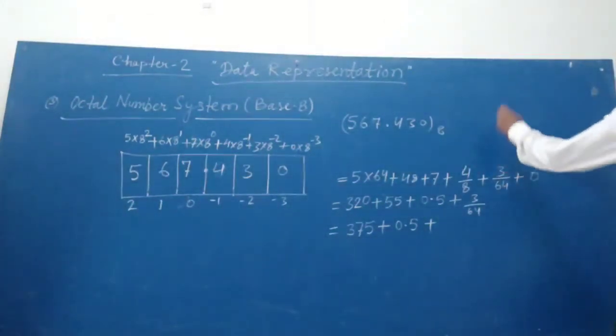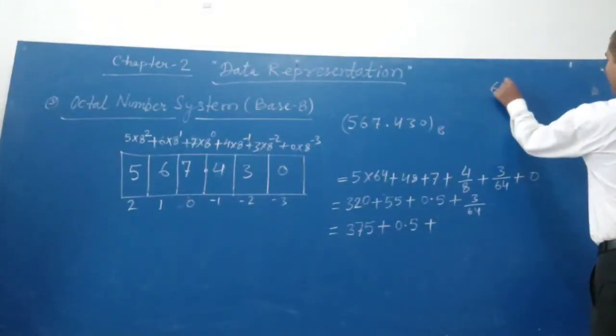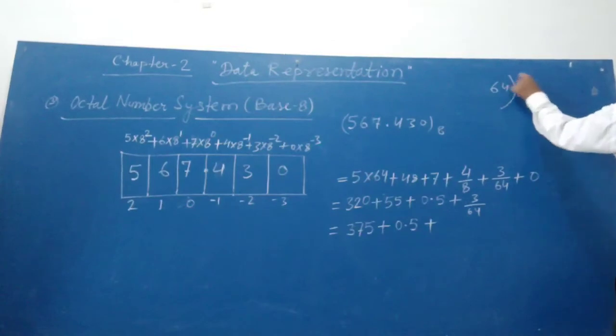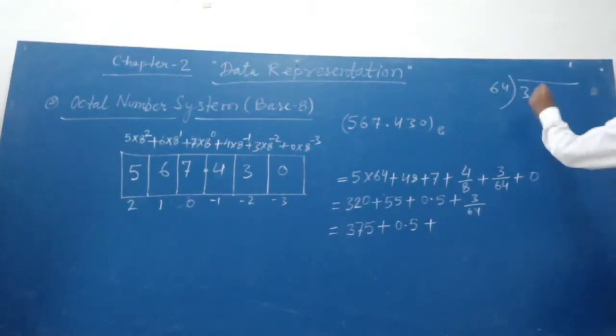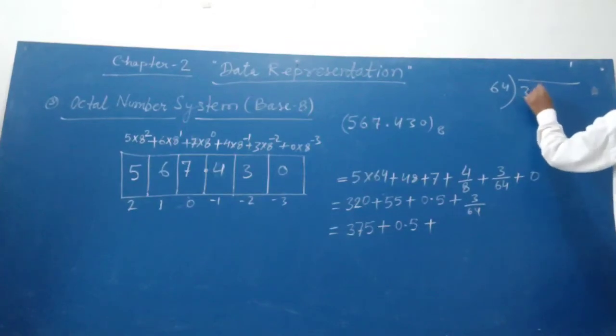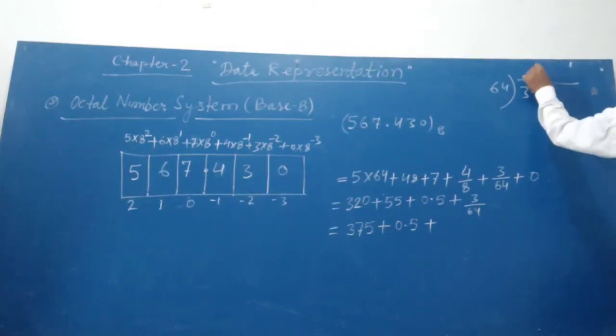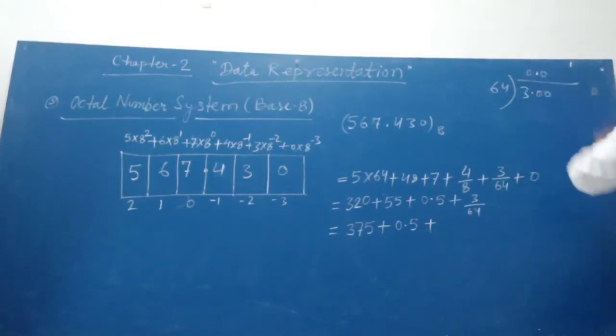So how do we calculate 3/64? 3 is not divisible by 64, so we put a decimal point and add a 0.